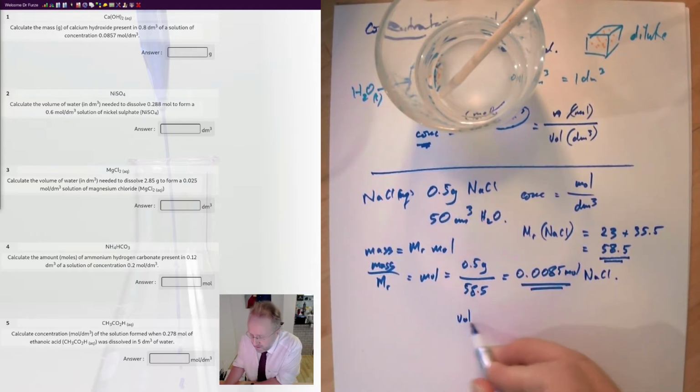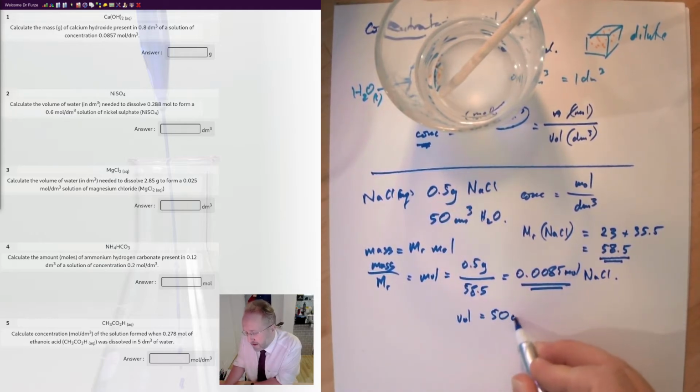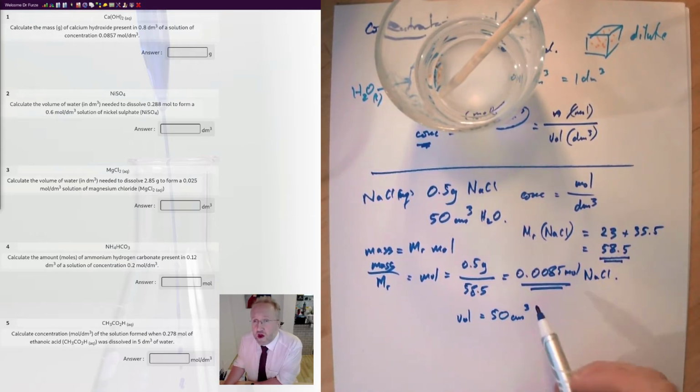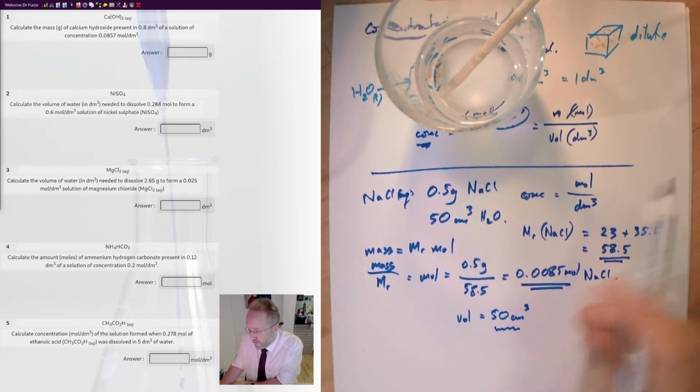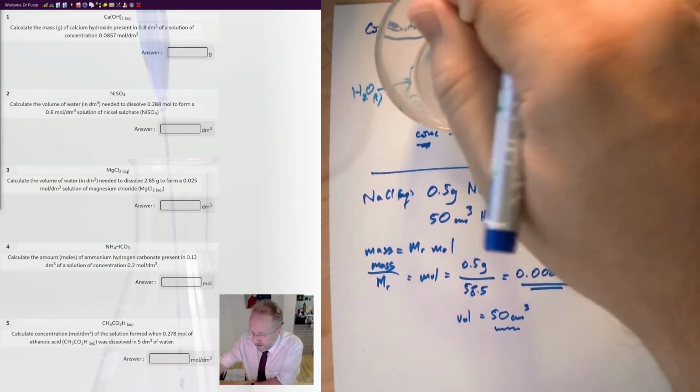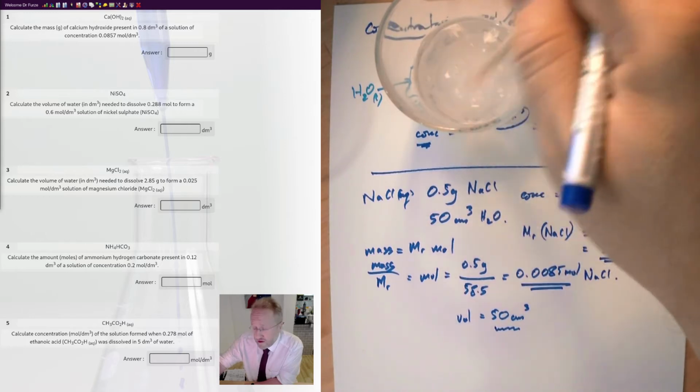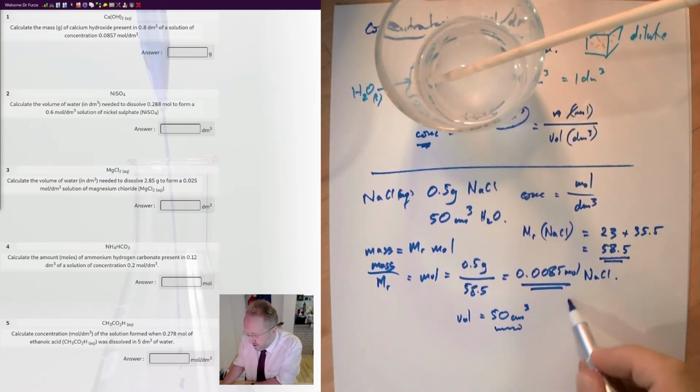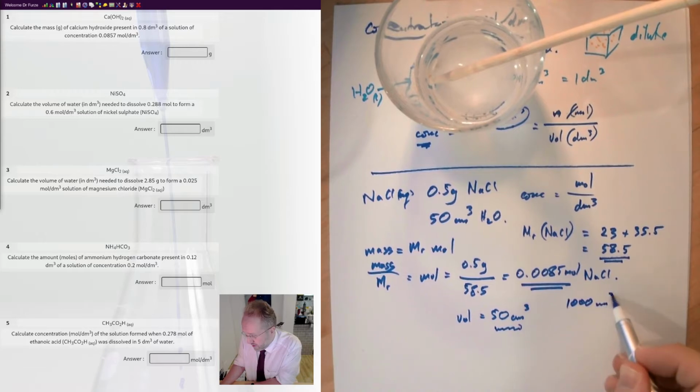Our volume is equal to 50 centimeters cubed. The volume of water is 50 centimeters cubed. Now, that's in centimetres cubed. 1,000 centimetres cubed is equal to 1 decimetre cubed.